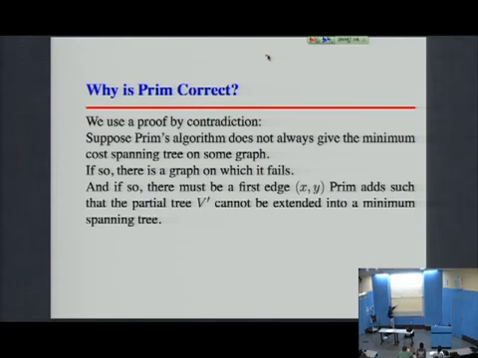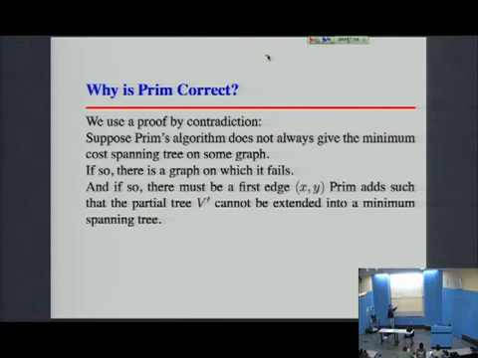When I went to choose this edge, I did what? I picked the smallest weight edge that connected these three vertices to the rest of the graph. Isn't that what Prim's algorithm did? What do I know about this green edge on the cycle? Yeah? It has to be of weight greater than or equal to this thing.